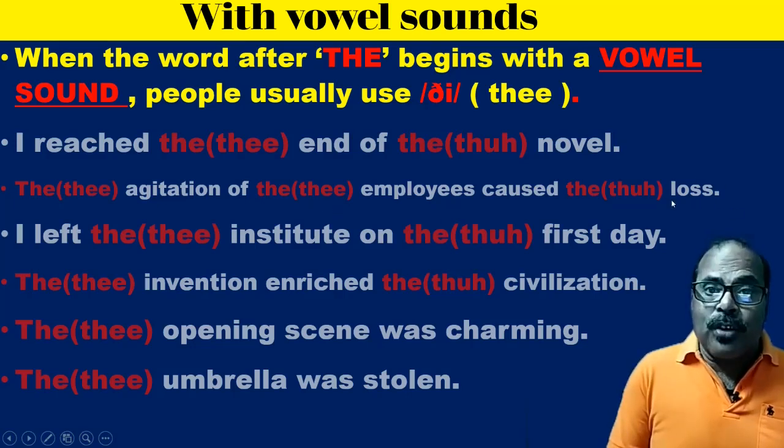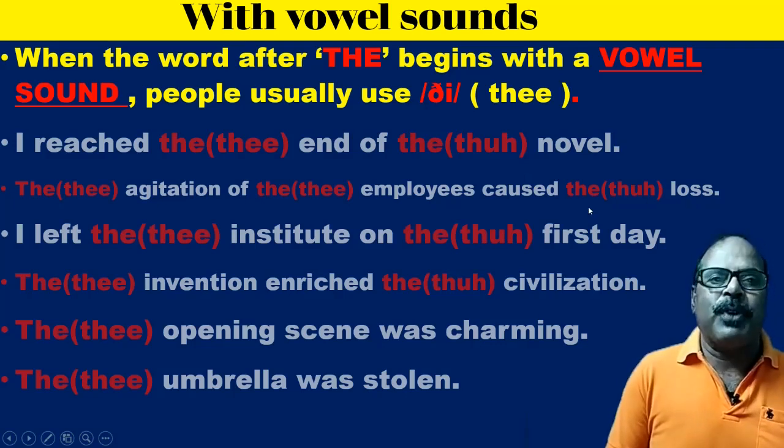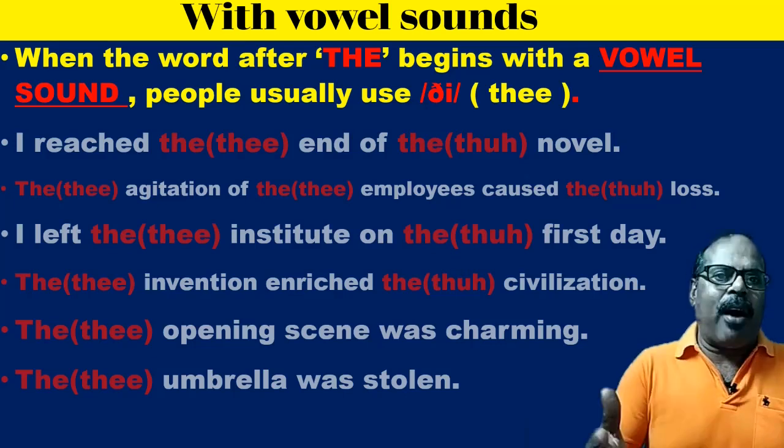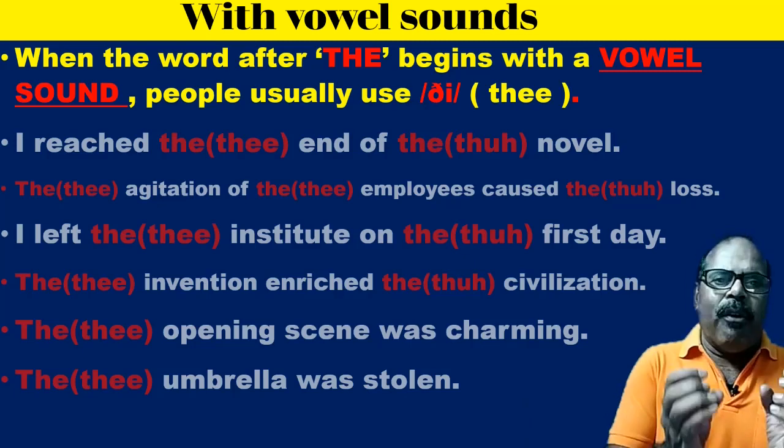But loss begins with a consonant sound, so it will be "thuh". I left the institute on the first day. Actually, when there is a vowel sound, it is combined with a sound "ee". The institute.